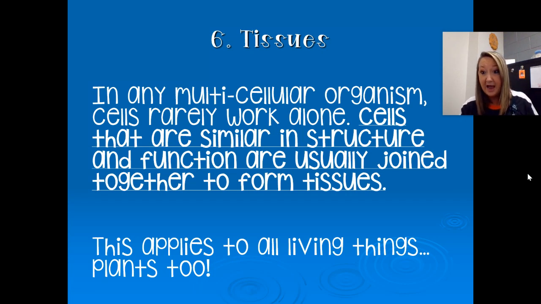Now, do you have muscle tissue inside your brain? No, because you don't need muscle there. Muscle does a specific job. It's in charge of moving. So we don't have muscle tissue inside our brain because it does a different job, right? That's those levels of organization. The way that we separate out the work in the body is organized on a cellular level, and then those cells form together to make tissues.